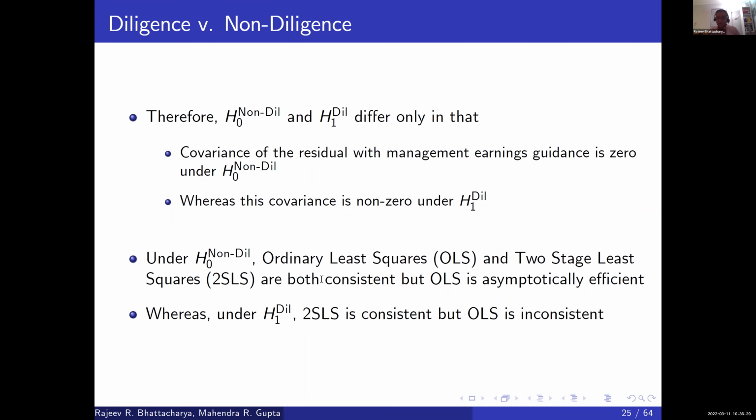Therefore, under the null hypothesis of non-diligence, both OLS and two-stage least squares are consistent, but OLS is efficient.